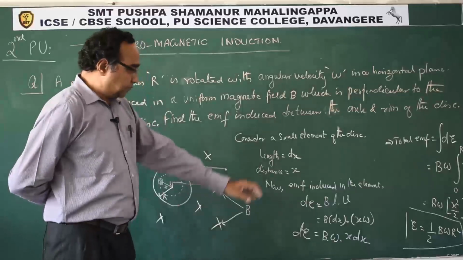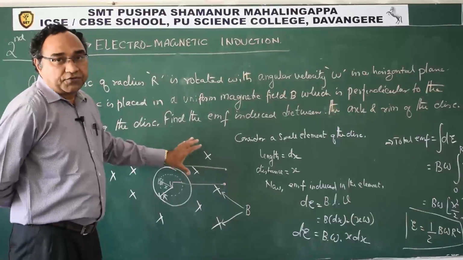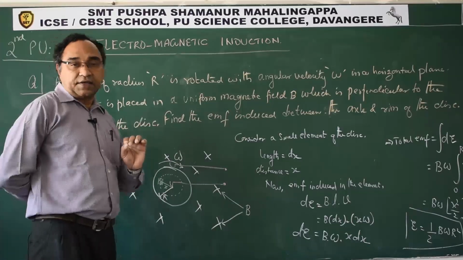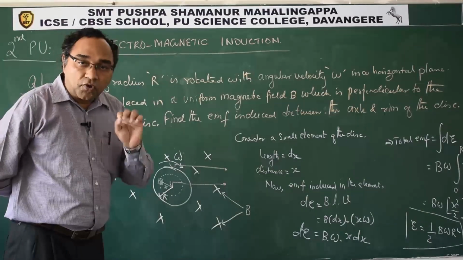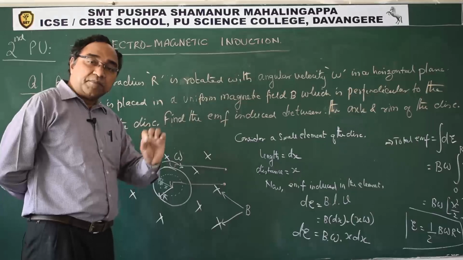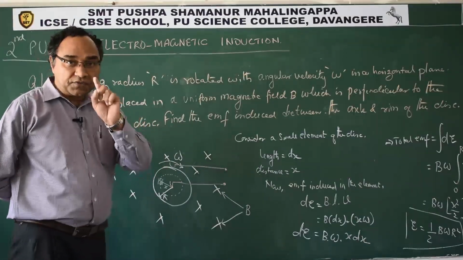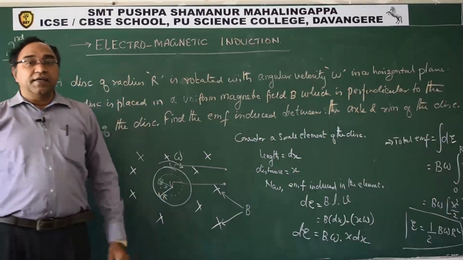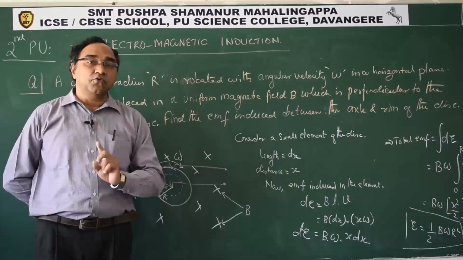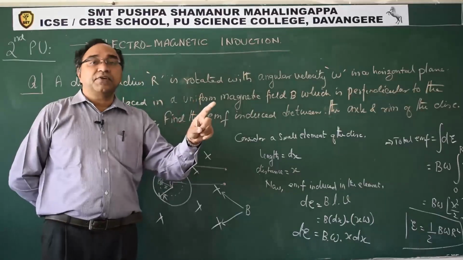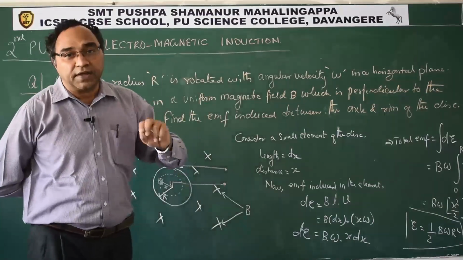So students, see the approaches of the two questions. Although they are giving the same end result, you see the approaches. This is what you have to understand. In the first case, the area was changing, and the approach was that we took the area of the sector.